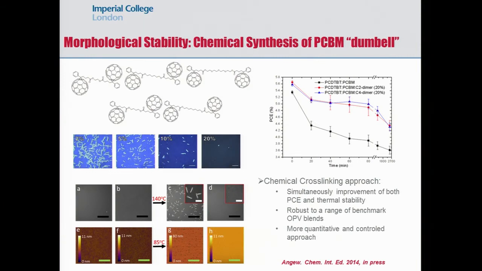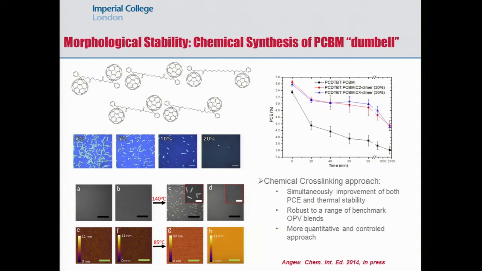We also take advantage of the synthetic expertise at Imperial College London. This work is in collaboration with Professor Iain McCulloch's group. Their group has made this cross-linked PCBM that is a very nice analogue to the PCBM photochemical transformation.